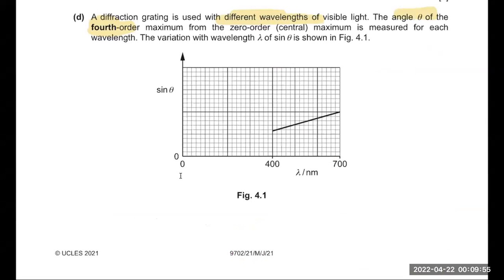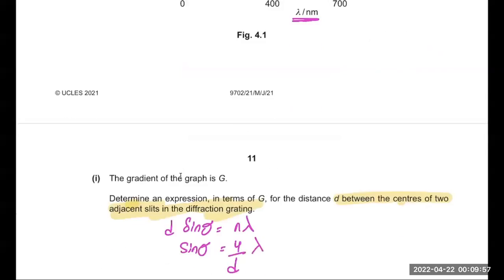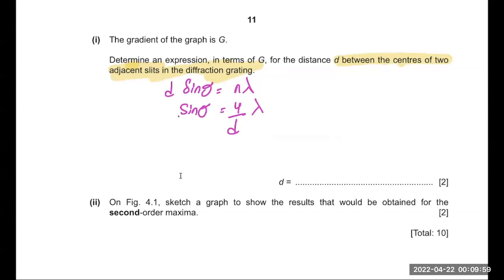We have lambda on the x-axis. This equation is in the form of the general equation of a straight line. The gradient of this graph is 4 over d.